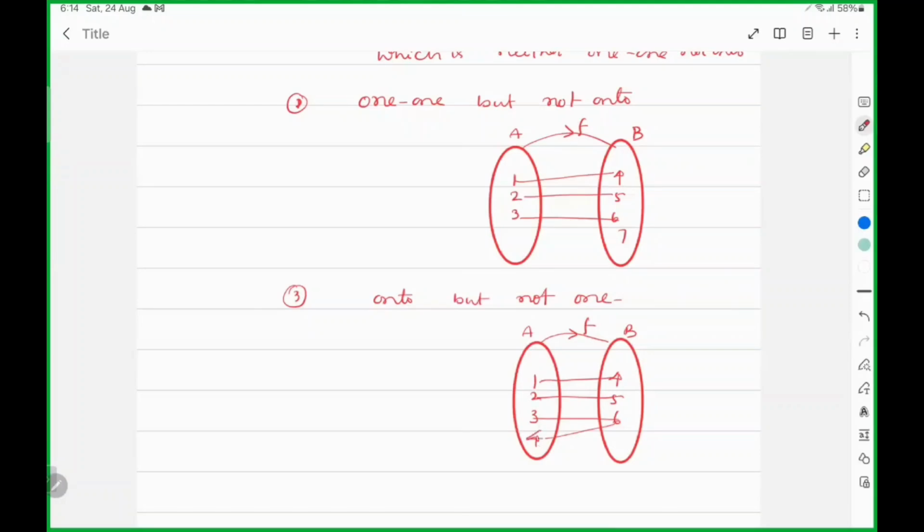Here, 6 has two pre-matches. One element can have any number of pre-matches. It is onto, but not one-one because two distinct elements have the same image.